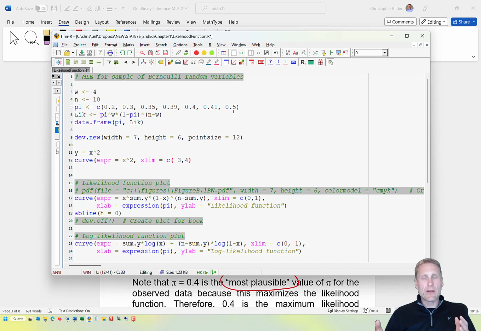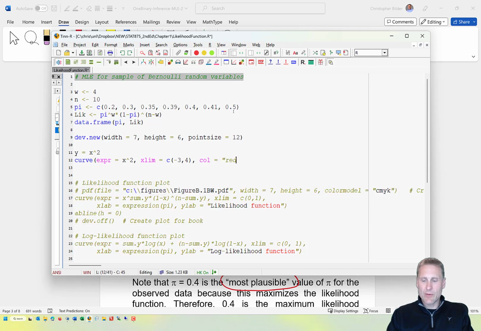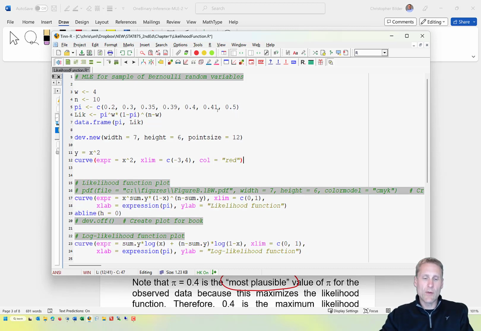So I'm going to combine together the numerical values -3 and 4 with the xlim argument that's also used in the plot function. It says let's begin at -3, let's end at +4 for x. And let's just make it a nice color so it stands out. How about we make the line that's going to be plotted red?